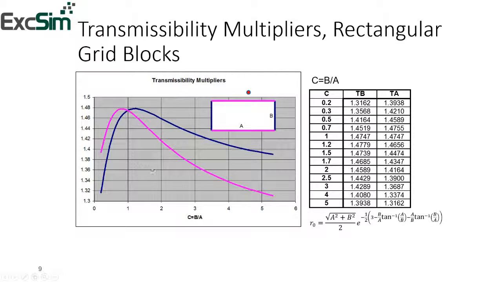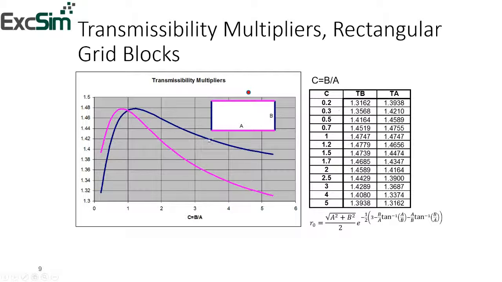Here's the same thing, depending on the different C or the different B divided by A ratios. I've got the transmissibility listed here at different values of C. Across the B side, in this case the dark blue side, and across the A side, which is the pinkish side.